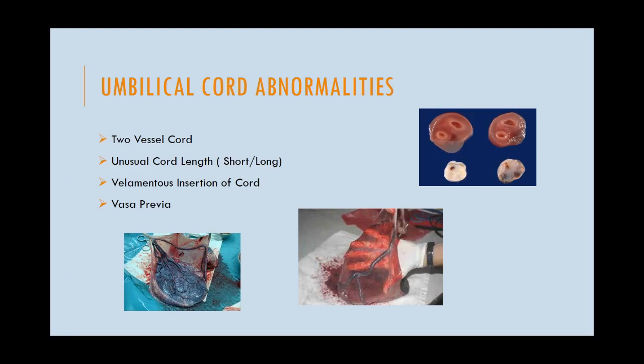Unusual cord length, short or long, can also be a high-risk factor. If the cord is too short and we're doing a vaginal delivery, it could shear and actually snap during vaginal delivery. If it's too long, then obviously we might have the possibility for umbilical cord prolapse.